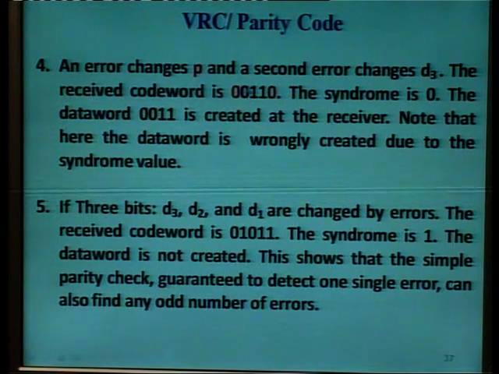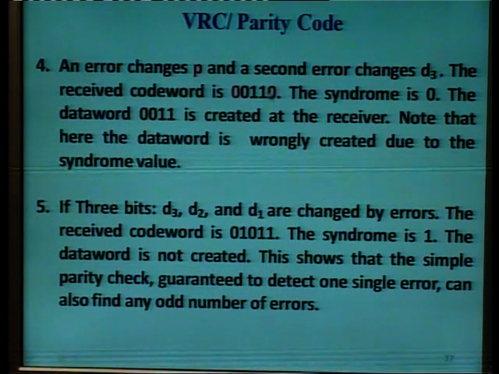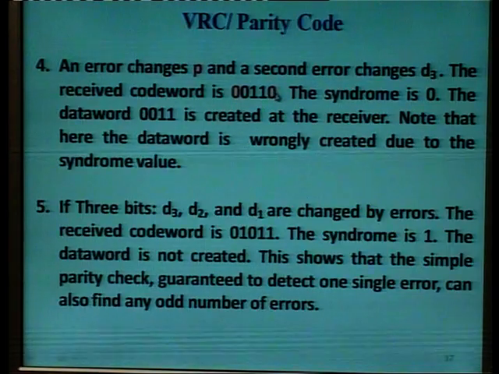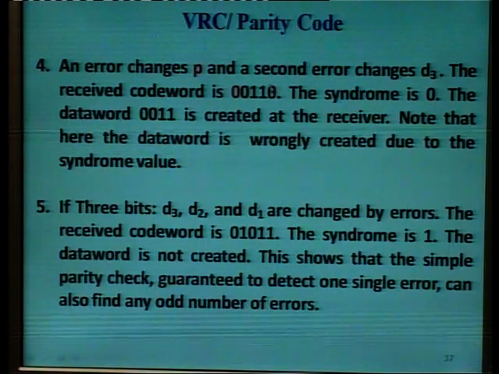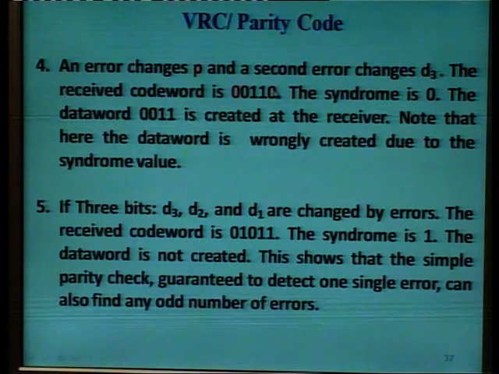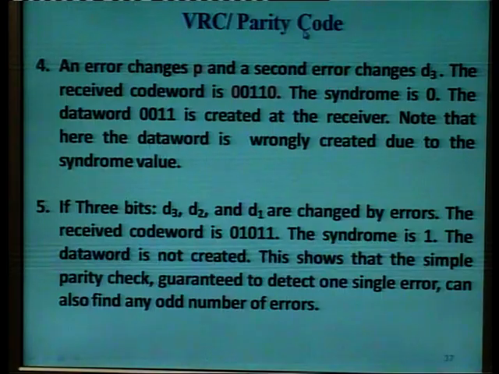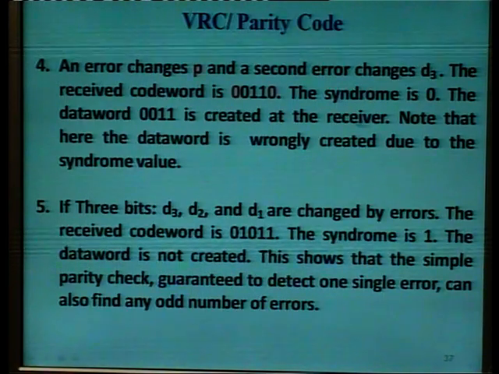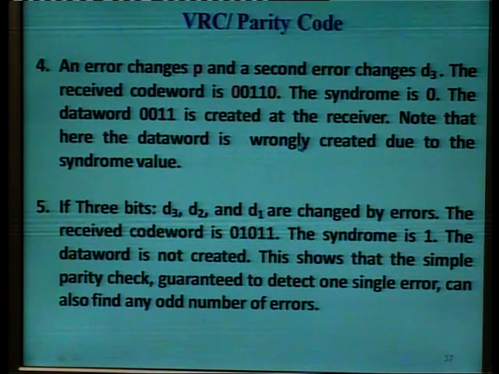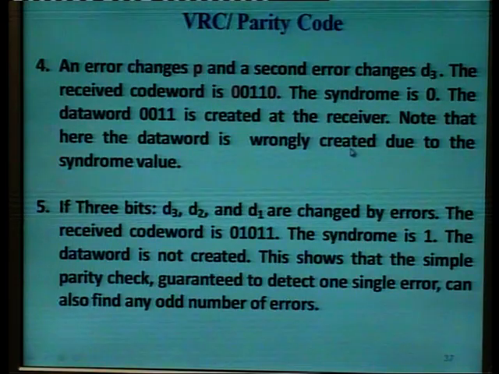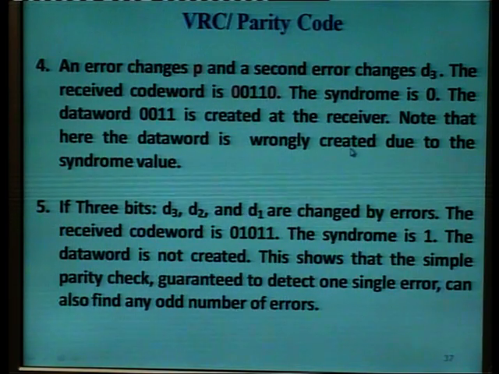If there are errors in an even number of bits, meaning 2 bits, 4 bits or 6 bits of the data depending on the size of the data, then it will never be detected by this type of parity code or VRC method, and the data will be transmitted without detection.